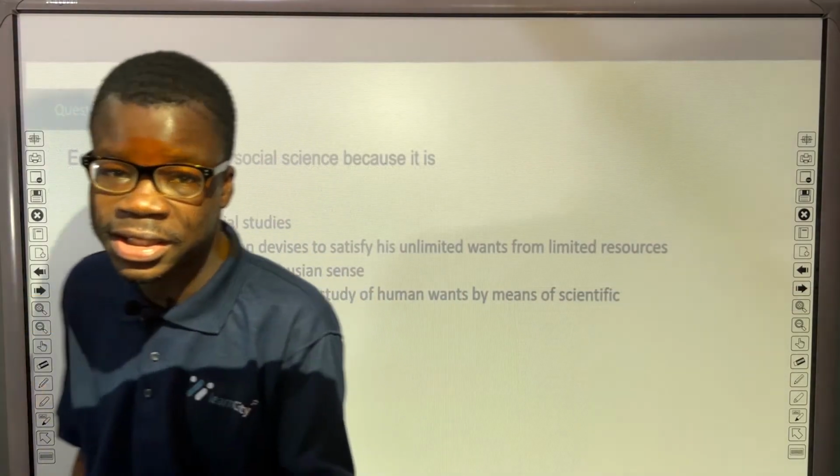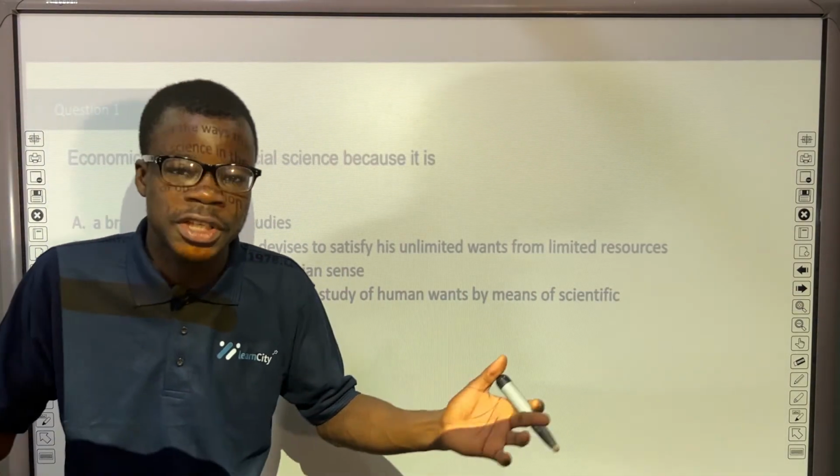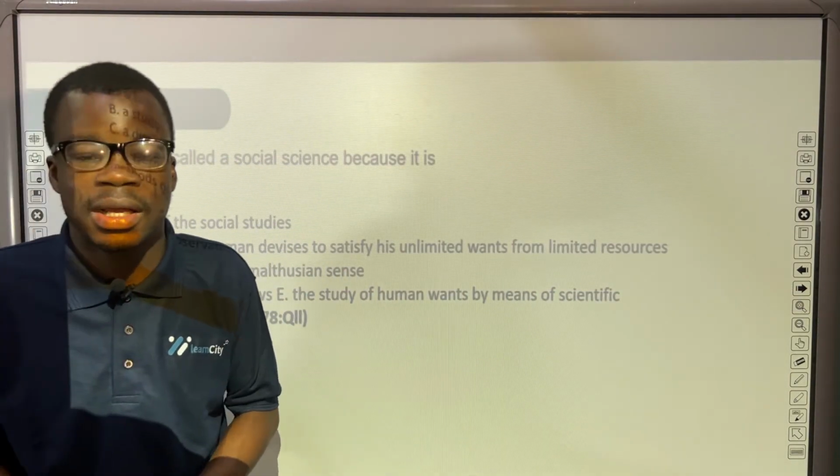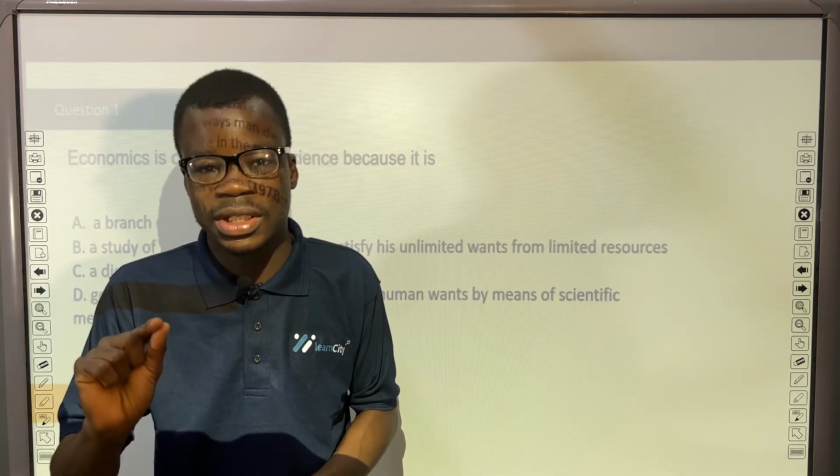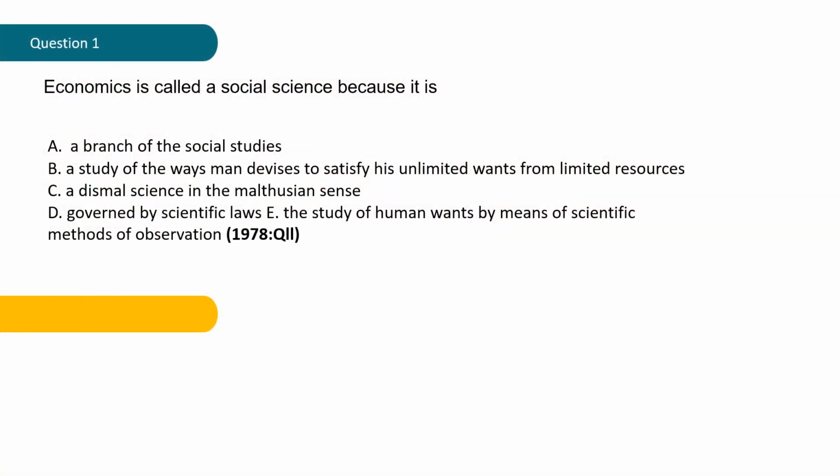According to what I said, all these options are features of economics in one way or the other. But there is one that suits the question. Now, economics is a branch of social study. Actually, this is a bit correct, but not fully correct.